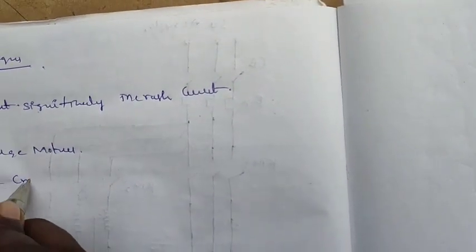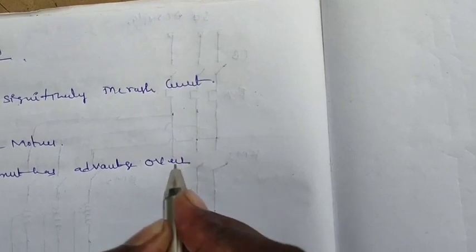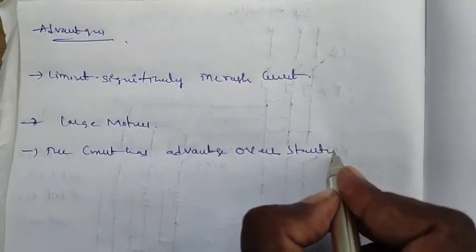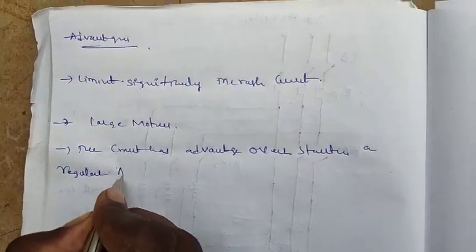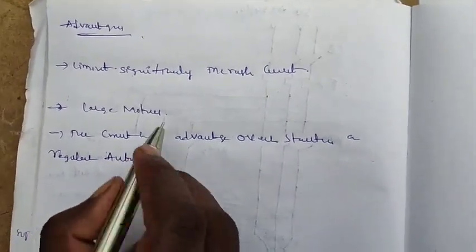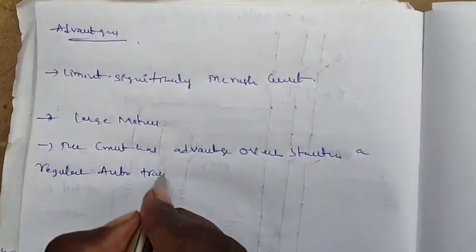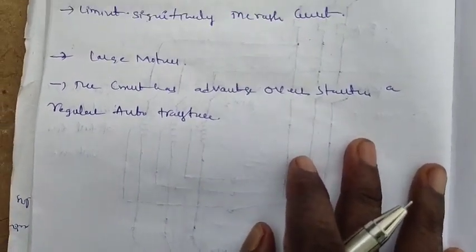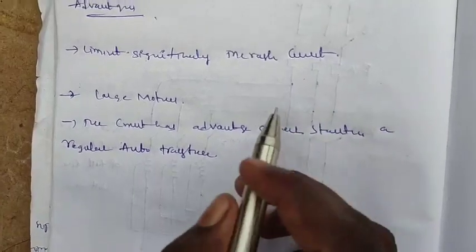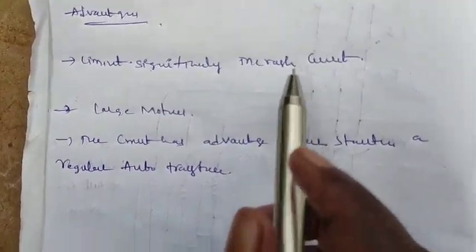The circuit has an advantage over starting with a regular auto transformer, which can damage the electrical insulation of the stator.